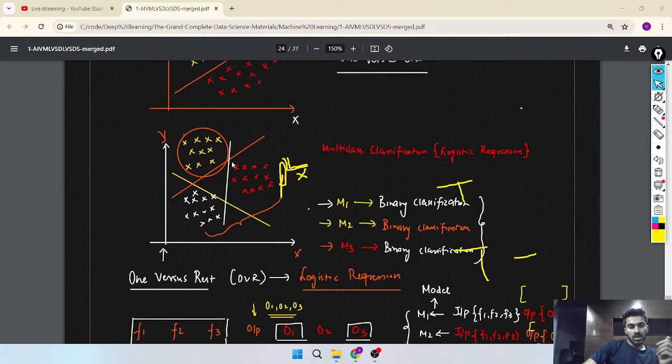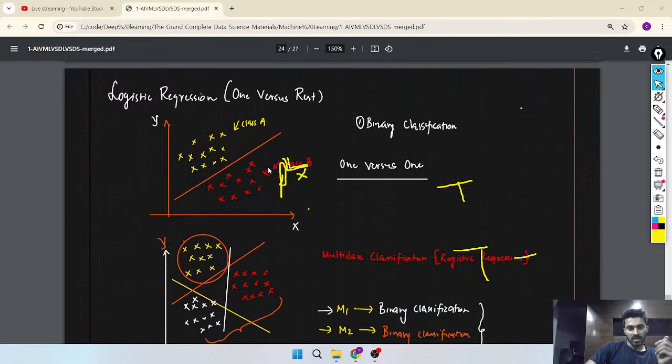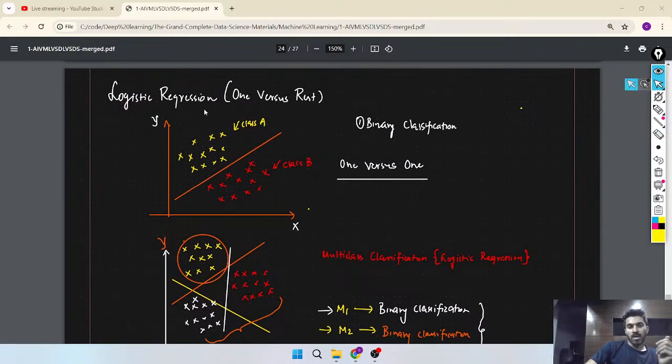Now logistic regression for multi-class classification, one versus rest. If you are doing logistic regression for multi-class classification, then you have to change something. In that we apply one versus rest.